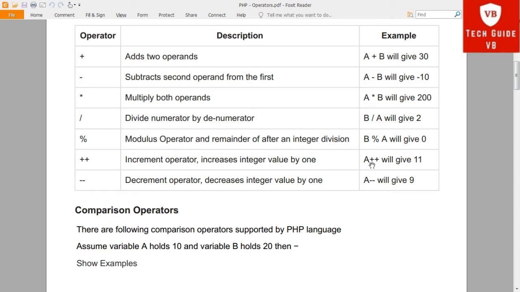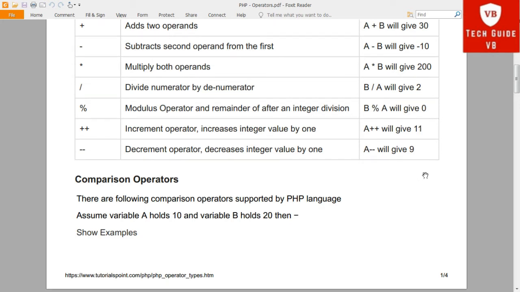That is, A++ will give 11 because A is 10. Then the last operator in arithmetic is the decrement operator, which decreases the integer value by 1. A-- will give 9 because the value of A is 10, so -- will give 9.